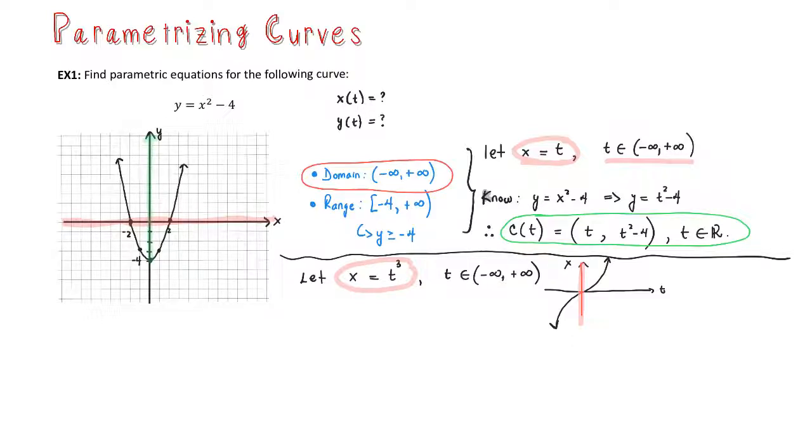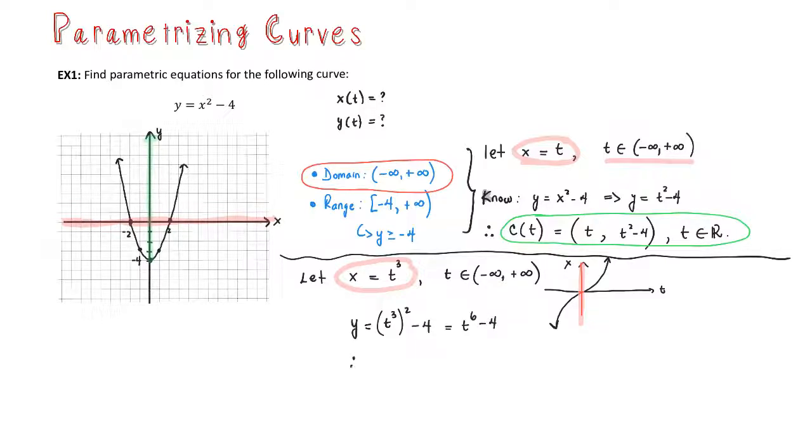All right, now in order to get y, I know that y is equal to x squared minus 4. So I substitute t to the third in place of x. I square that and then minus 4. That gives me t to the 6 minus 4.